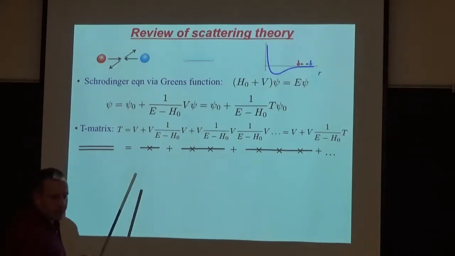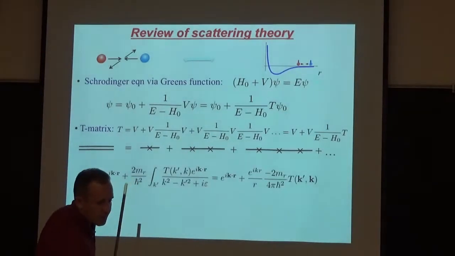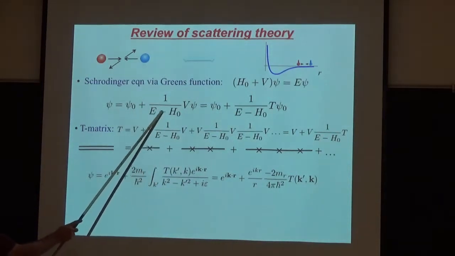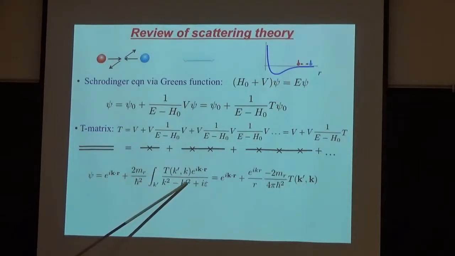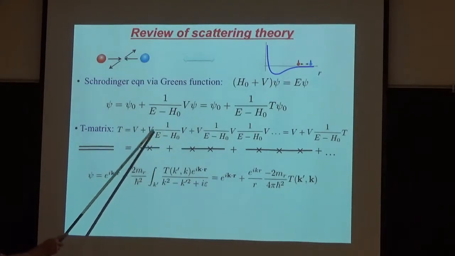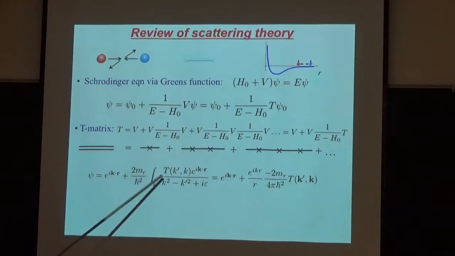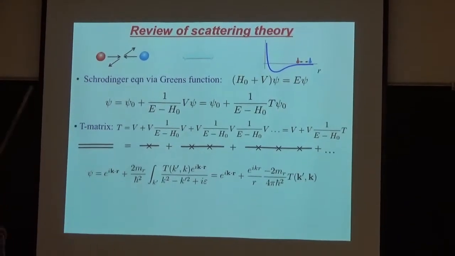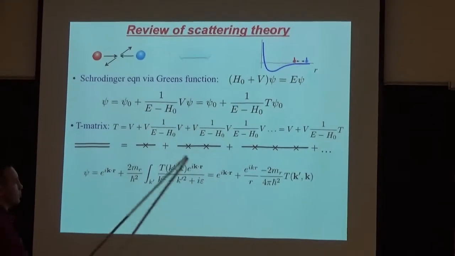And here it is expressed diagrammatically. If you do it for, let's say, plane waves, here's the formal expression for it. You have this 1 over (E minus H naught), which is just K squared minus K prime squared. And these formal inner products are really just summations over K once you go to coordinate representation or momentum representation. Here's the plane wave state when the atoms are far from the potential, and then it's being perturbed by this.